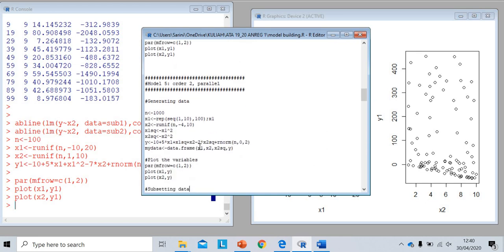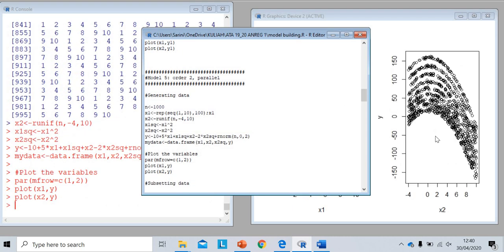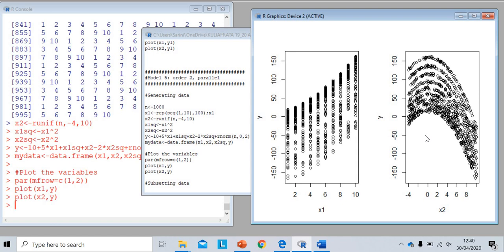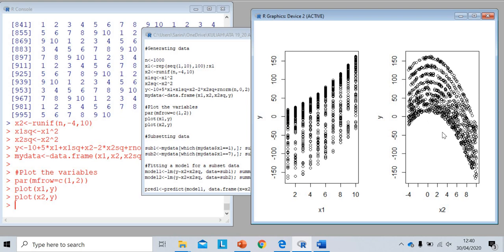Now let's see another trend of the data. Okay, so here again we have x1 and x2 like this, generating a different kind of pattern of the data. And now, it seems like x2 is quadratic, right?